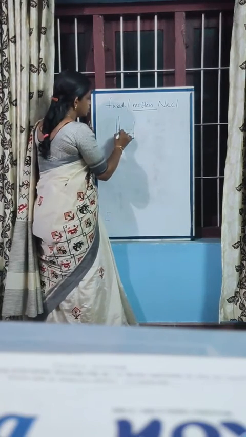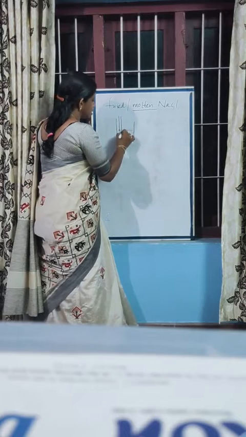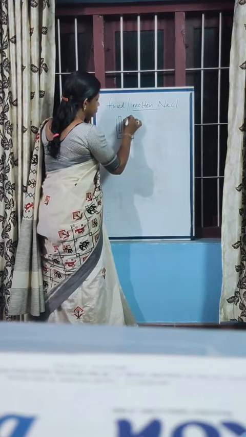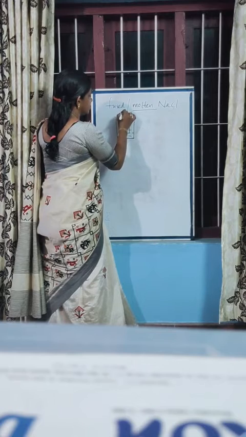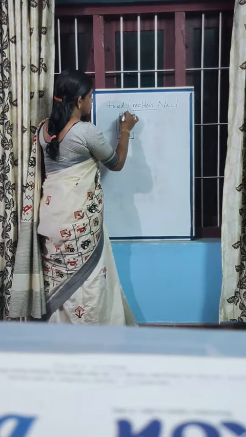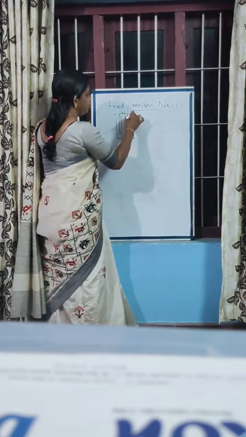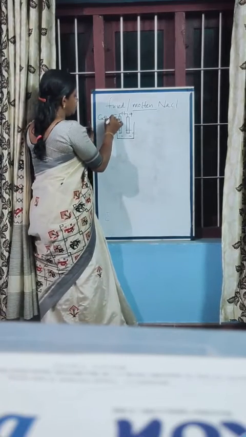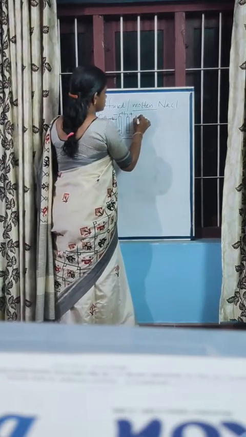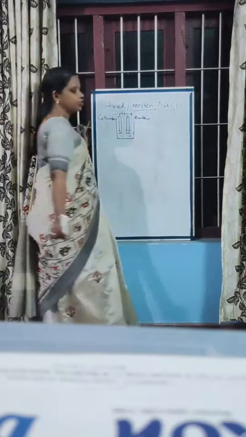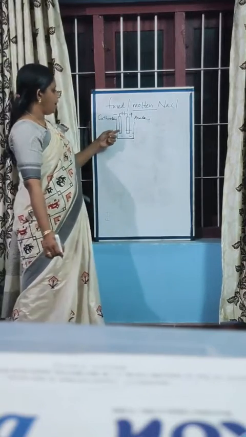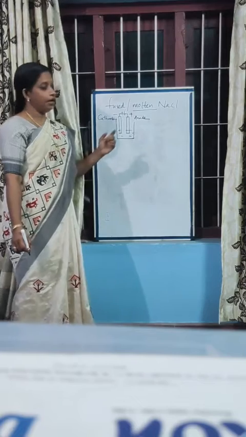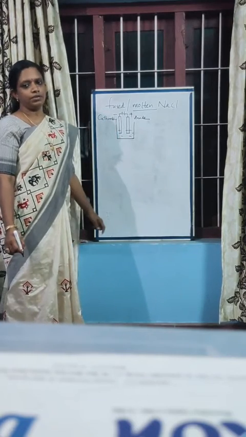Two metal electrodes are there, a negative and a positive plate. The negative plate is called the cathode and the positive is the anode. Both are dipped in molten sodium chloride.